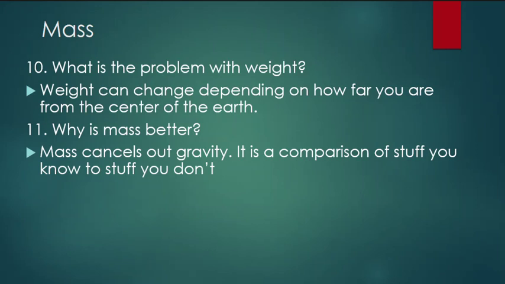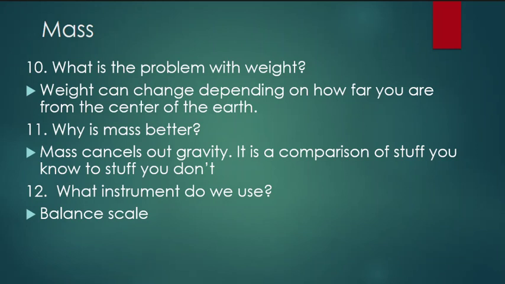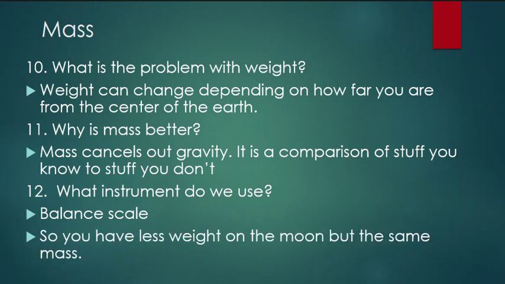Mass is a measure of how much stuff you are compared to things that we know. It's called a balance scale, and I will explain to you how it works as soon as you're done writing this. This will work on the moon as well as in space as well as on the earth.